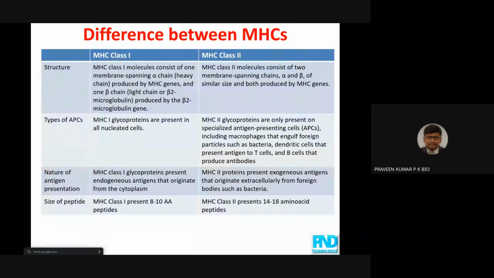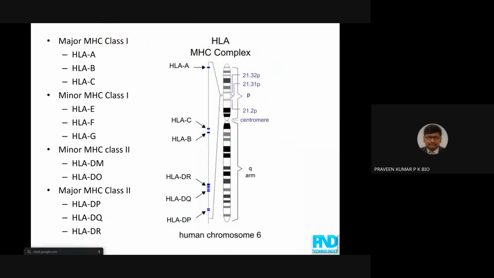Only the HLA genes can infer whether you can be treated for any particular disease or not. So these are, of course, very important immune molecules present on the antigen presenting cells. The important genes I mentioned are coded on chromosome 6.